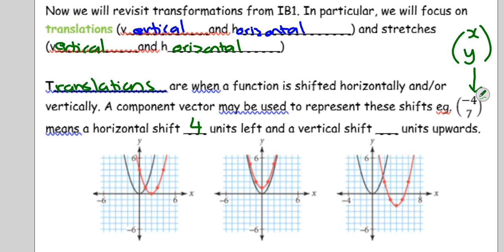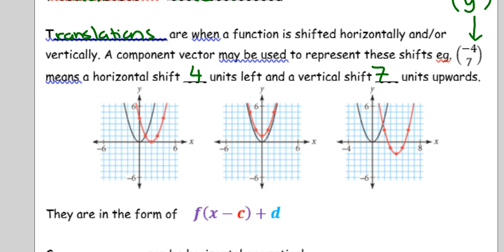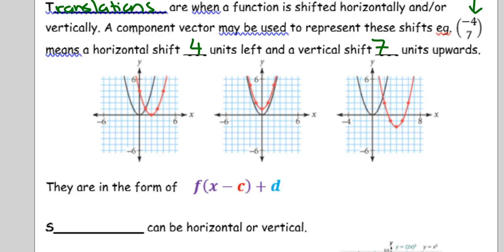And a vertical shift of how many units upward? 7 units upwards. Just reminding you, we applied these kind of things a lot to quadratics last year. So I take the quadratic ones we did. They are in the form of f(x minus c) plus d.